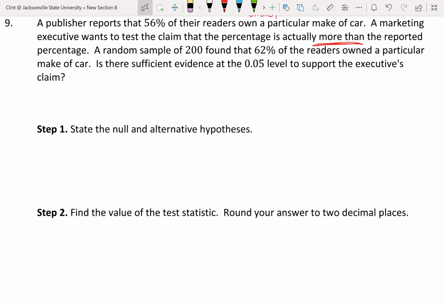So the claim here, HA, is that our proportion P is greater than the claimed number, and the claimed number was 56%. So H0 would be that P equals 56%.